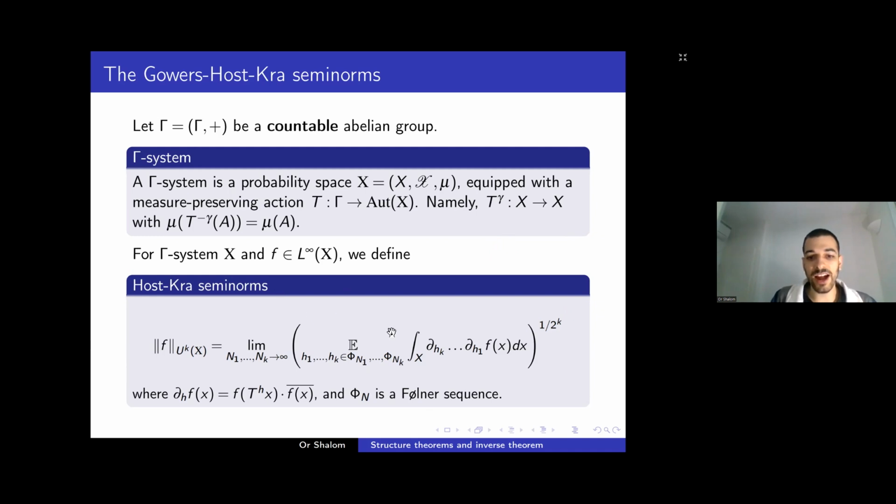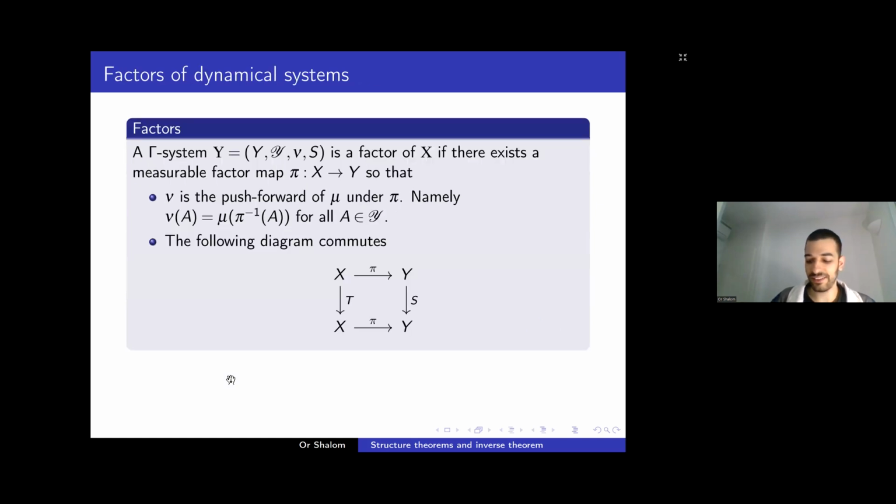And now we can ask the same question. If a function is uniform, that's great. And what happens if a function has a large seminorm? So I want to tell you how Host-Kra approached this infinite Gowers problem. To do it, they use a notion that we use in ergodic theory, which we call factors. Dynamical systems form a category.